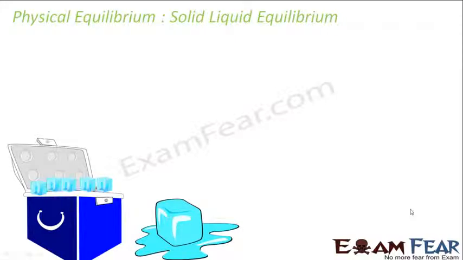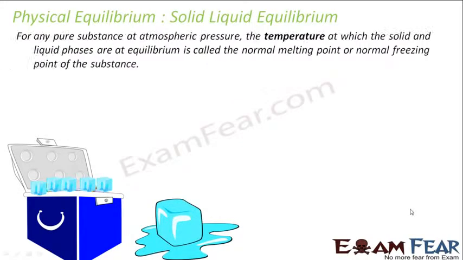See, when you talk about solid-liquid equilibrium, we have a concept of melting point. What is that? The definition says, for any pure substance, please note, for a pure substance at atmospheric pressure, the temperature at which the solid and liquid phases are at equilibrium is called the melting point.